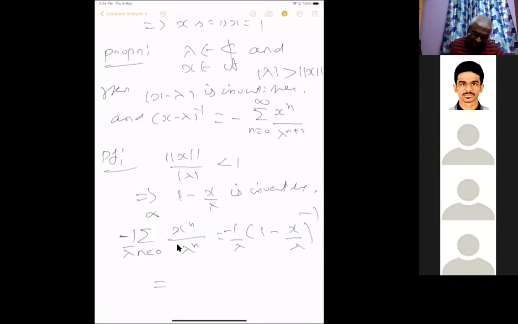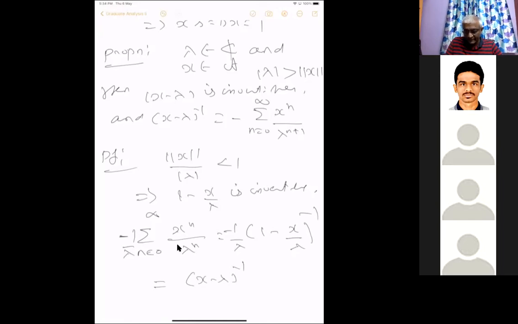That's the inverse. So this is equal to x minus lambda inverse, that's what I want to say, because I'm taking the inverse. If you multiply the lambda here, you will get x minus lambda inverse.